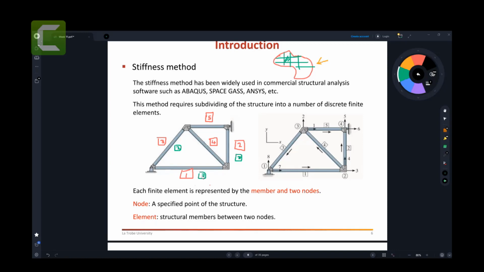It does not matter. It is user defined. Your answer will not change. If you put 1 or 2 or 3, it is arbitrarily user defined. There are no specific engineering rules about which one goes 1, which goes 2, and which goes 5. There are no rules for this kind of modeling.